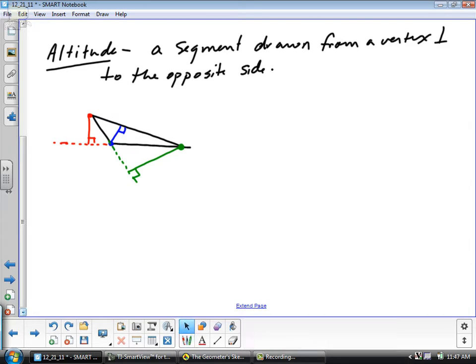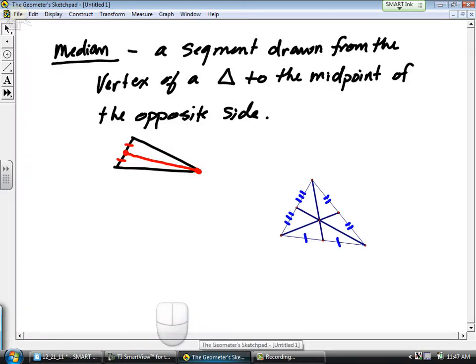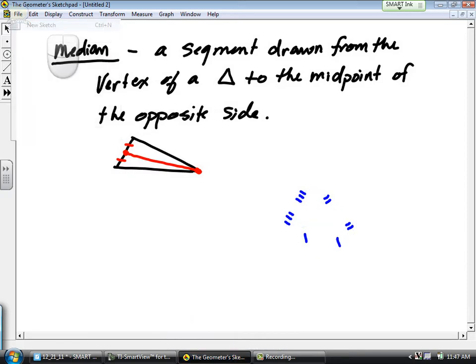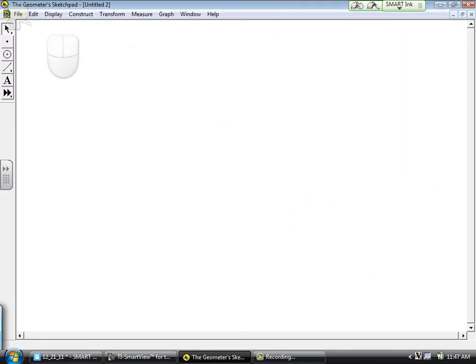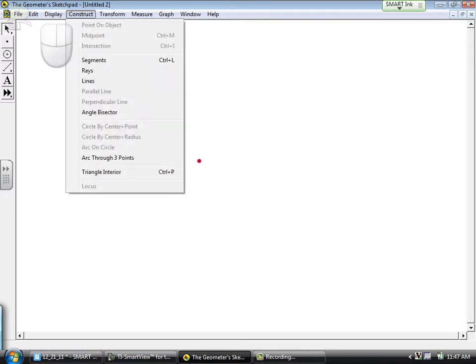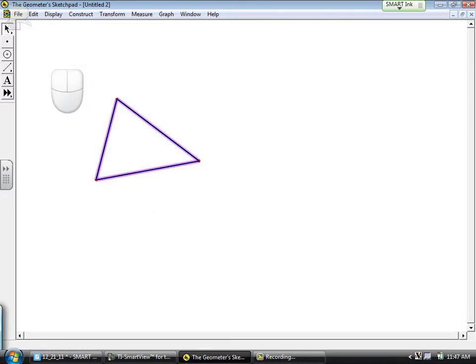What would it look like if we draw three altitudes in Geometry Sketchpad? So here's a triangle. And I want the altitudes, which means I want to be perpendicular to this side from that point.